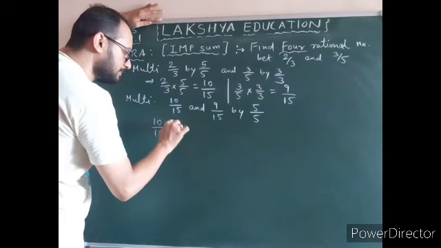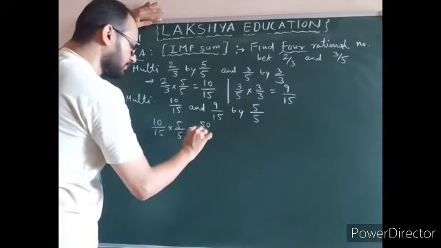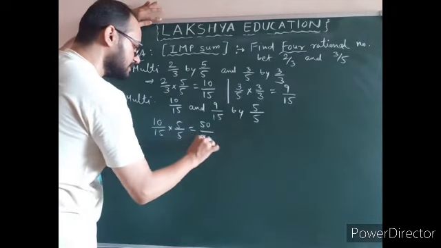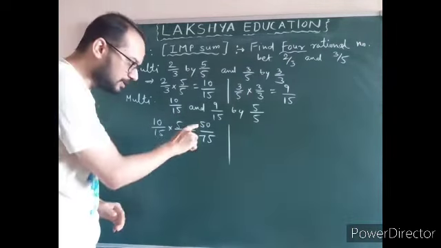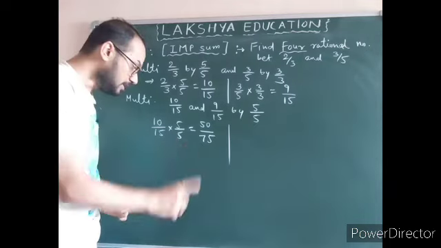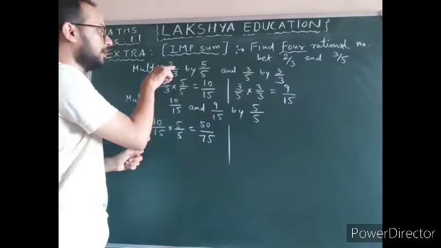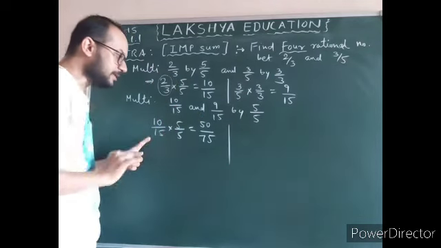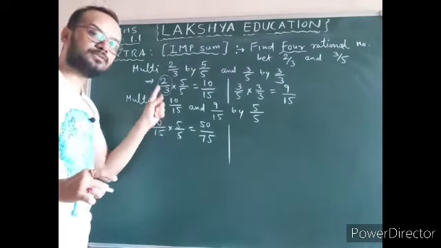10 by 15 multiplied by 5 upon 5 equals 10 into 5, 50 upon 15 into 5, 75. So the first number is 50 upon 75. Now this number 50 upon 75 is equal to 10 upon 15, and 10 upon 15 is equal to 2 by 3. It means this 50 by 75 is equal to 2 by 3.